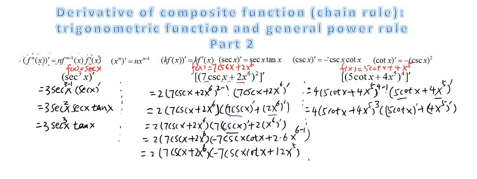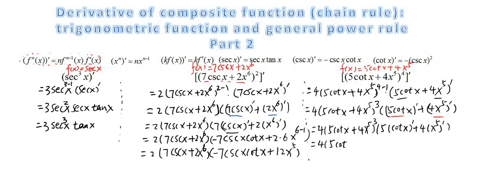For these two, we can apply the constant multiple rule. Here the constant is 5, here the constant is 4. So we have 4 times 5 cotangent x plus 4 times x to the power 5 cubed. We have 5 cotangent x prime plus 4 x to the power 5 prime.